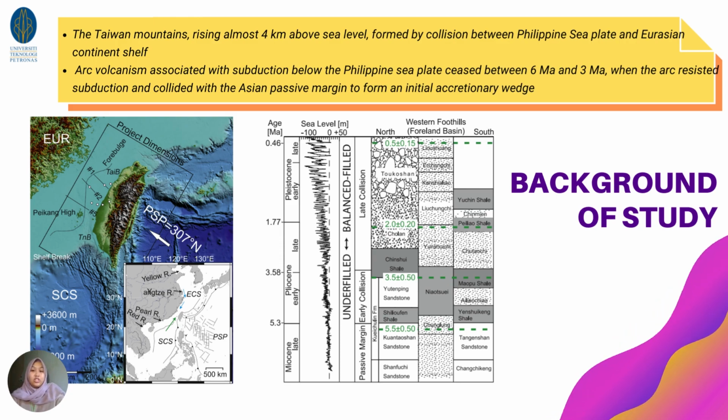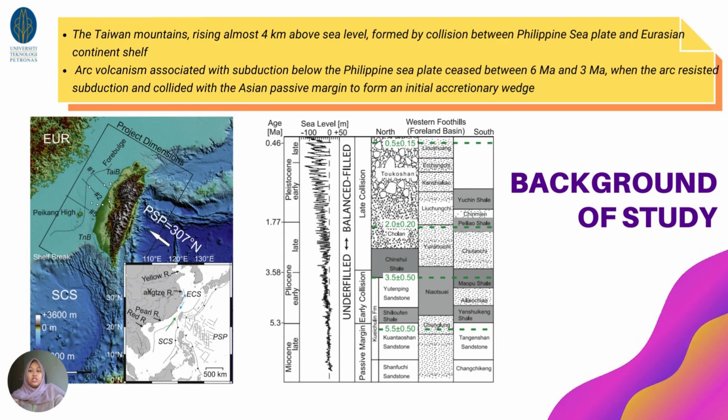So this diagram on the right is the schematic stratigraphy of the foreland basin of the Taiwan Basin from the north to the south.